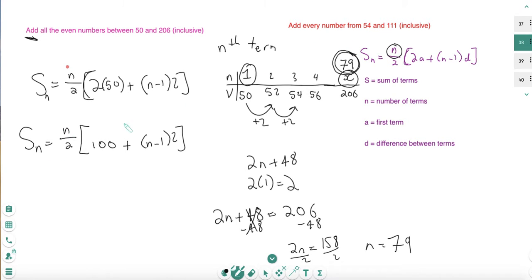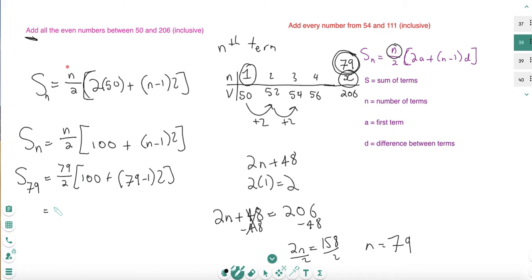So we can replace n with 79. So the sum of the first 79 terms is equal to 79 over 2, brackets 100 plus 79 minus 1, times 2. We'll simplify that. 79 divided by 2 is, I think, 39.5.